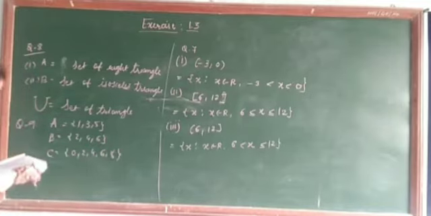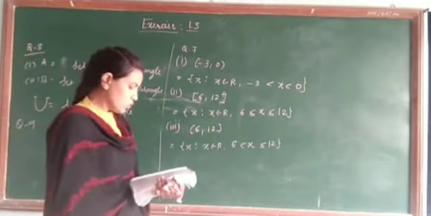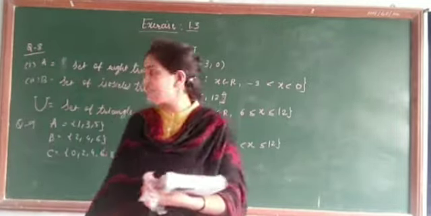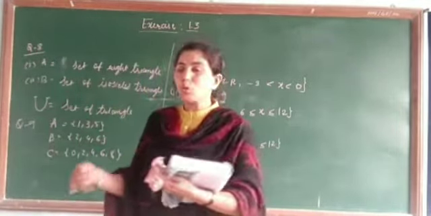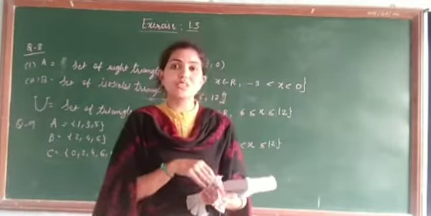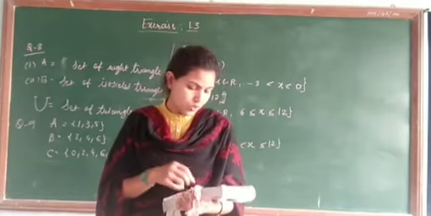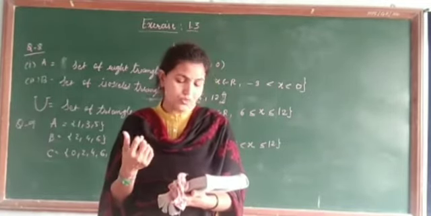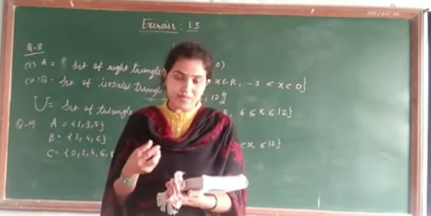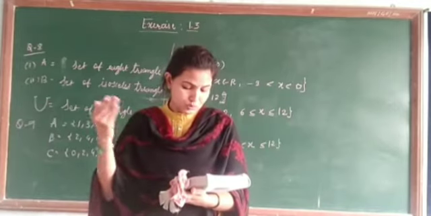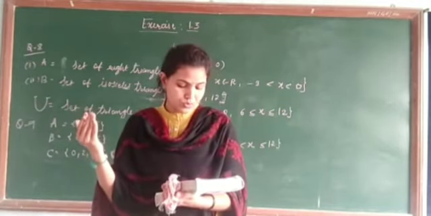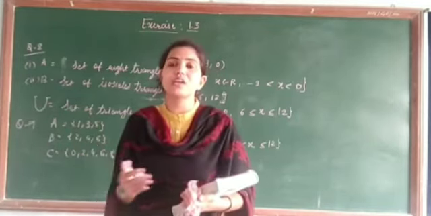Which of the following may be considered as a universal set for all the three sets A, B and C? So for these three sets, which one is considered as a universal set? You have 4 options. First 0, 1, 2, 3, 4, 5, 6. Second 5. Third 0, 1, 2 up to 10. And fourth 1, 2, 3, 4, 5, 6, 7, 8.